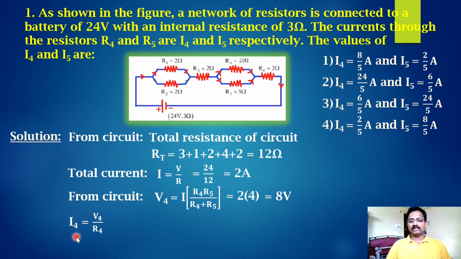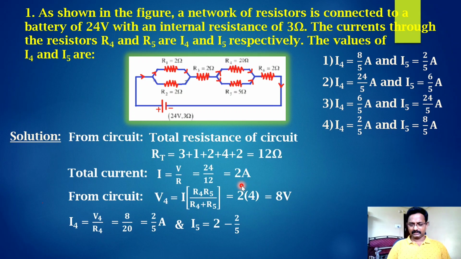Now we will calculate I4, the current through R4, that is V4 by R4. So V4 we got 8 volt by R4 20 ohm. So 8 by 20, if you divide by 4, you will get 2 by 5 ampere.